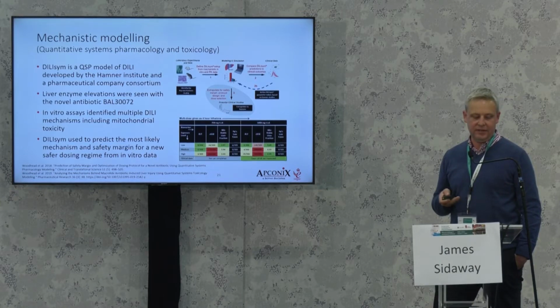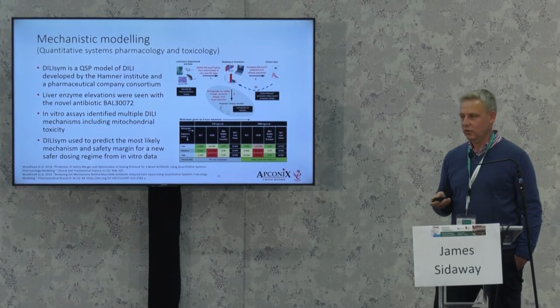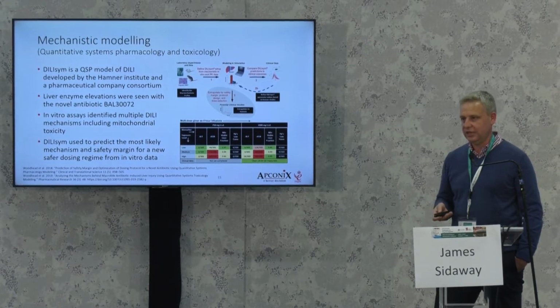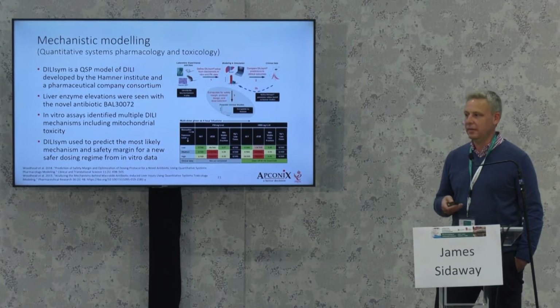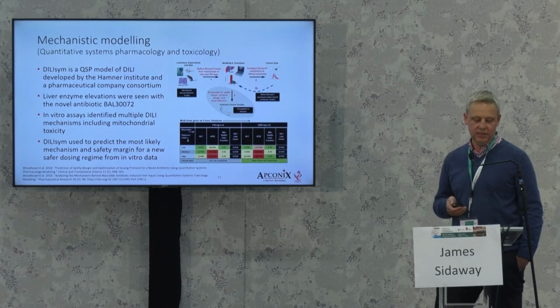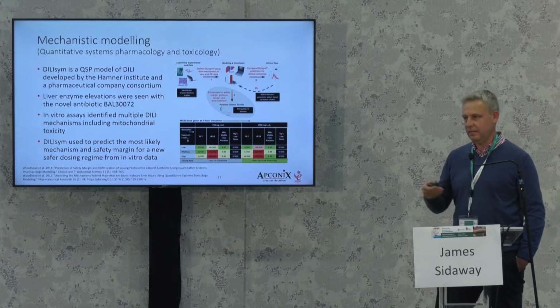liver enzyme elevations were seen in the clinic, so in early clinical trials with this novel antibiotic. In vitro assays were performed, including mitochondrial assays and other mechanistic assays of drug-induced liver injury. This was all put into this mechanistic model, and from that, predictions could be made.